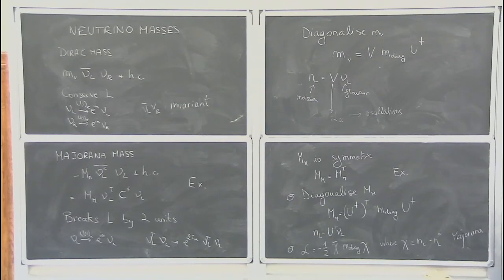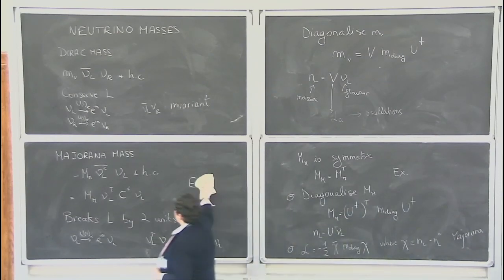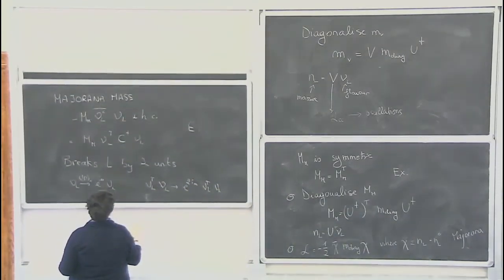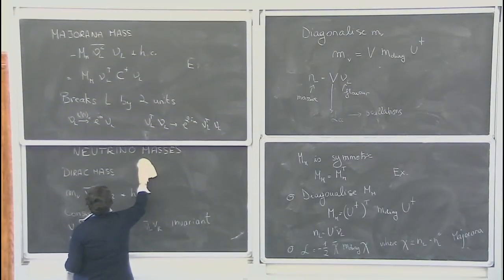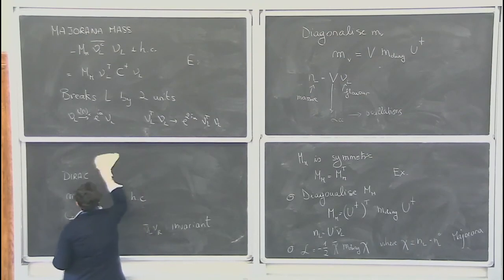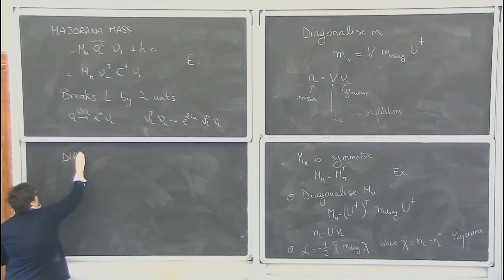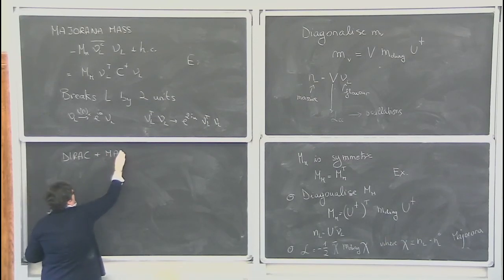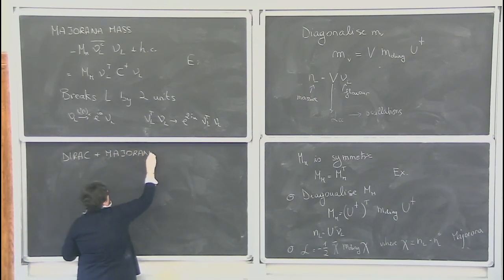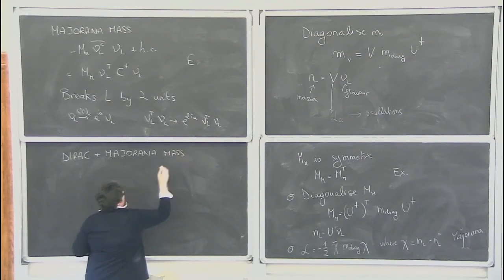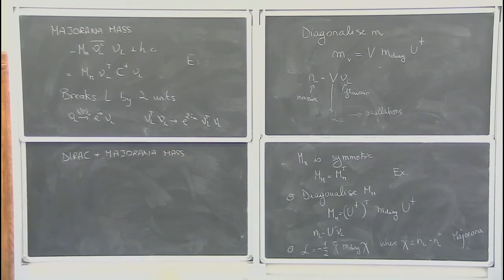So I will take 2 more minutes, because then I conclude this discussion about the types of neutrino masses, which is the case in which I have a Dirac plus Majorana mass term. If I now have the two Weyl fermions, ν left and ν right, I can have both a Dirac mass term and a Majorana mass term for the left and one for the right fields.